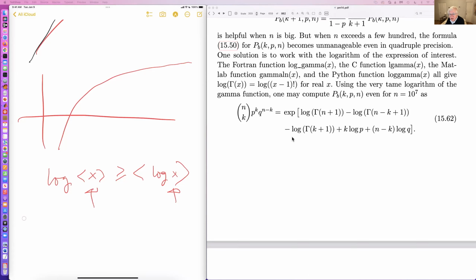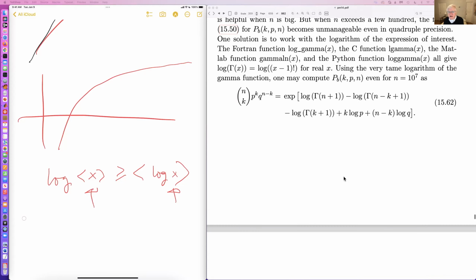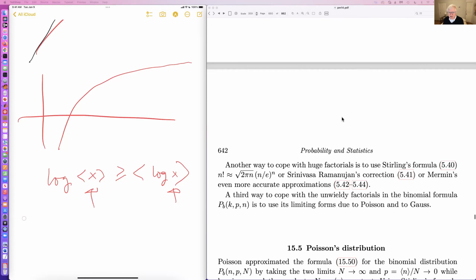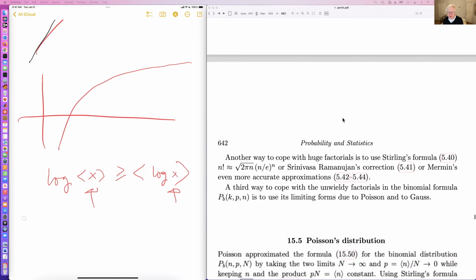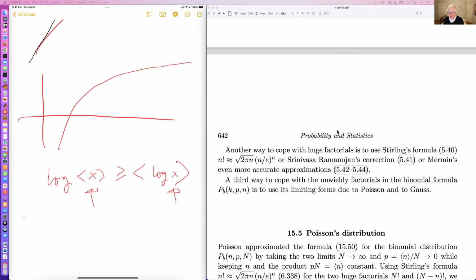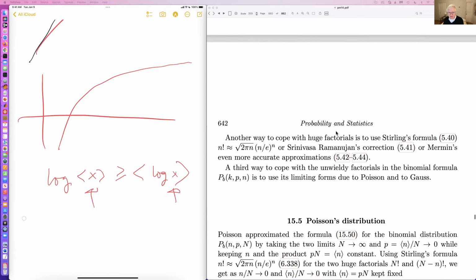Because you're exponentiating the difference of these logs, you get something that's handy. I should have maybe done that numerically. I don't think I can quite so easily do that on the screen.